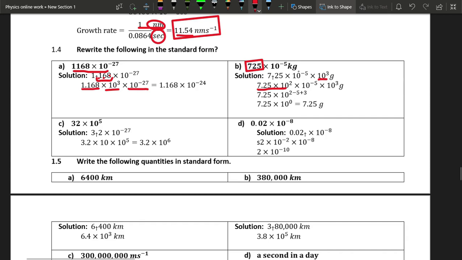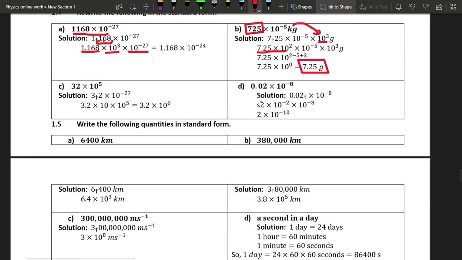Remember this 3 is from kg. We convert this kg into its value. So it will be 7.25, as bases are same, so 2 minus 5 plus 3 is 0, so it will be 7.25 grams. So this is how we can convert a number into its standard form.